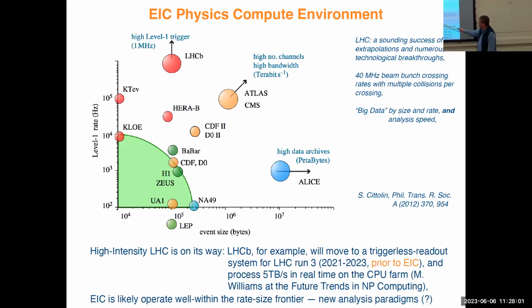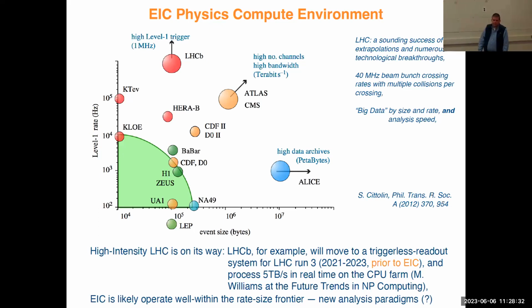Already at that time, 10 to the 5th in terms of event size is what HERA, Zeus and H1, had. Their rates were rather low. Now, if you bump this up by an order or two in magnitude, you're still below the trigger rate of LHCb in 2012.